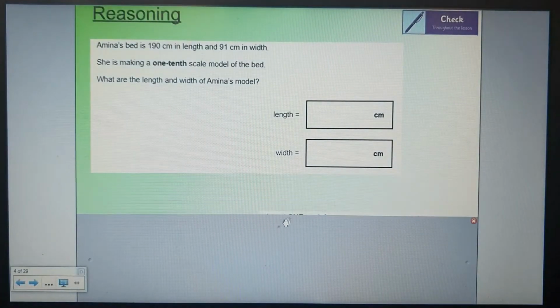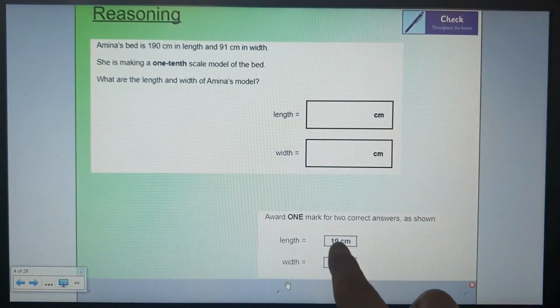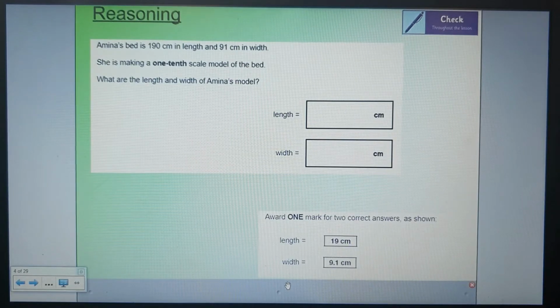So we should have come up with the length was 19 centimetres and the width was 9.1 centimetres. Each of your digits would have moved to the right 1 decimal place. And for this one, we'd have had to add your decimal point. Okay, well done for having a go at those.